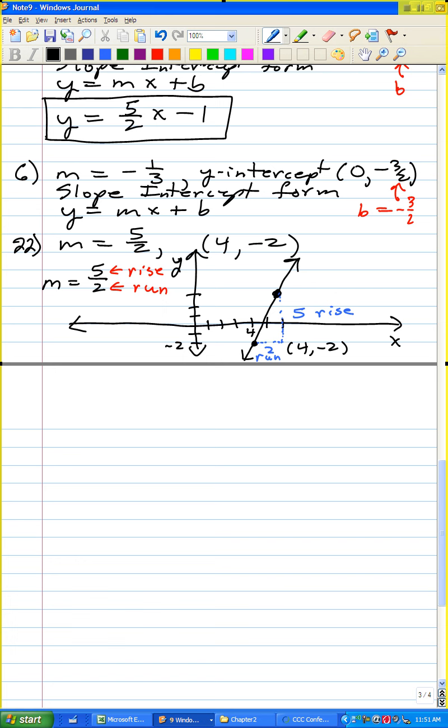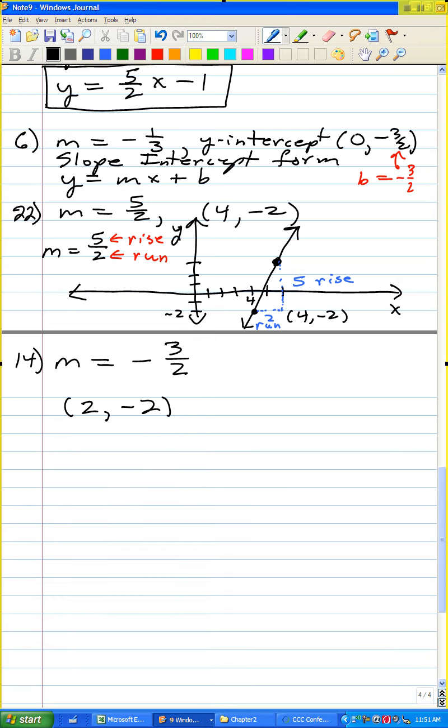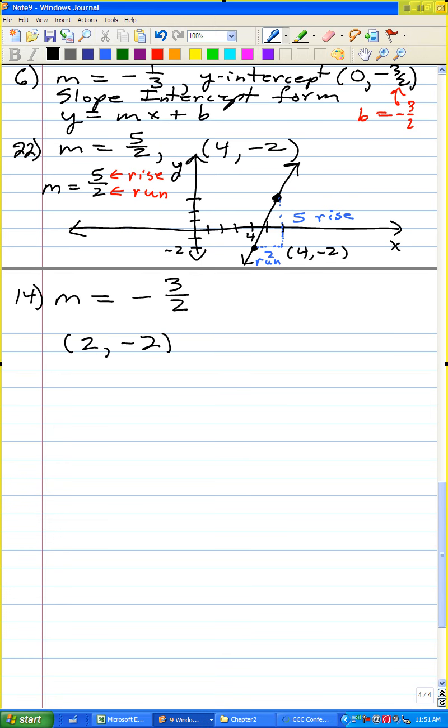Let me do problem number 14. The slope is -3/2, and I'm going to go through the point 2, -2. Okay, and so let me write the slope as rise over run.